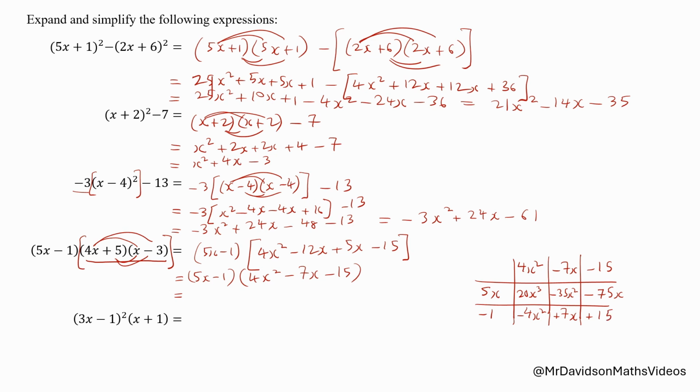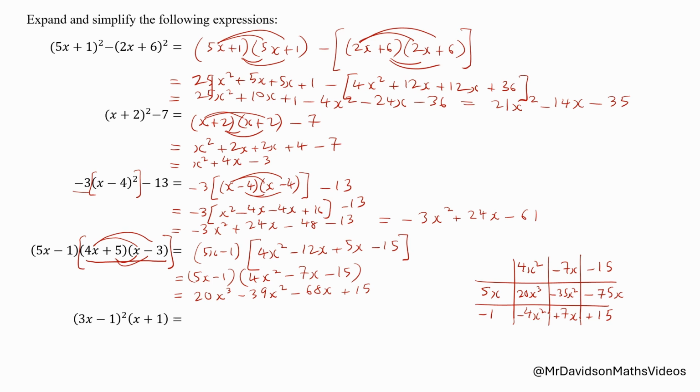So putting this all together, 20x cubed, minus 35x squared minus 4x squared is minus 39x squared. Minus 75x plus 7x is minus 68x. And then plus 15. And that is the cubic expression at the end of this.